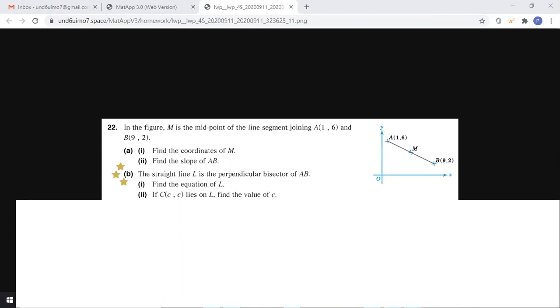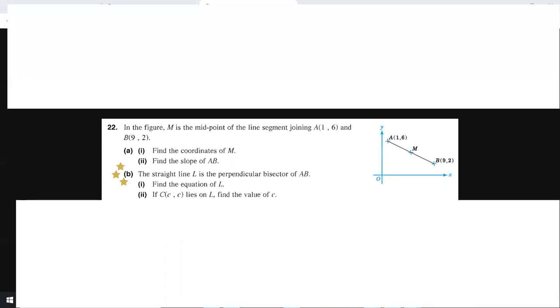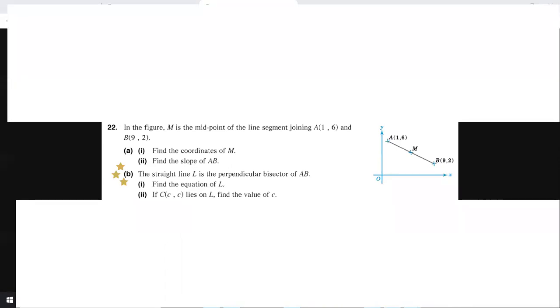So in part A, maybe I do it here. So in the figure, M is the midpoint of the line segment joining A and B. Okay, find the coordinates of point M. Part A1, find the coordinates of point M. The coordinates of the midpoint of 2 points is calculated by adding their x coordinate together and then divided by 2.